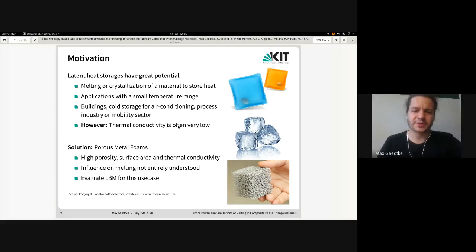And in the mobility sector as well, there's great application and need for thermal energy storages.